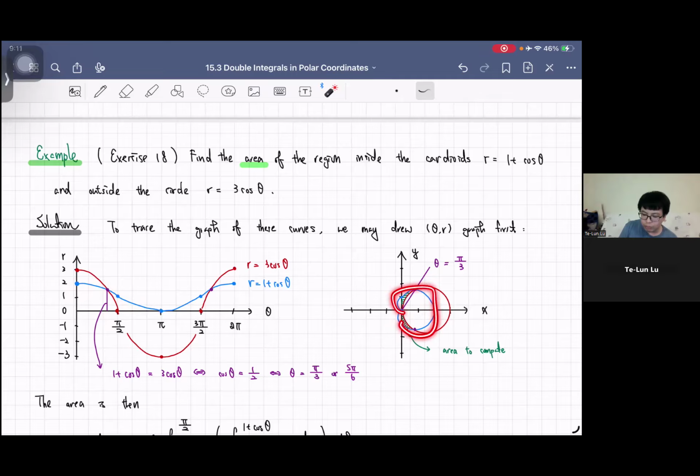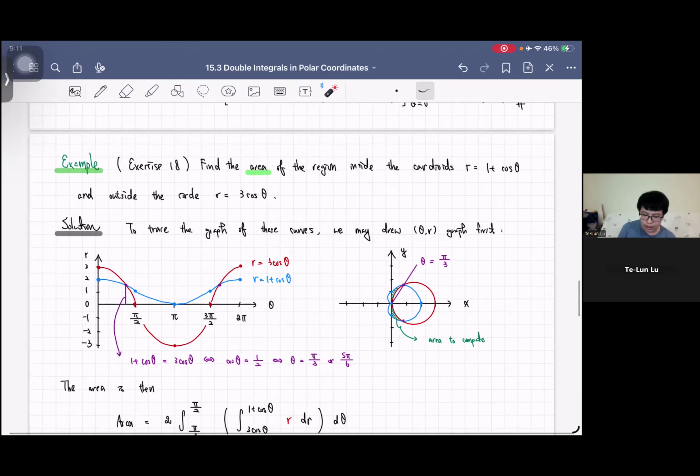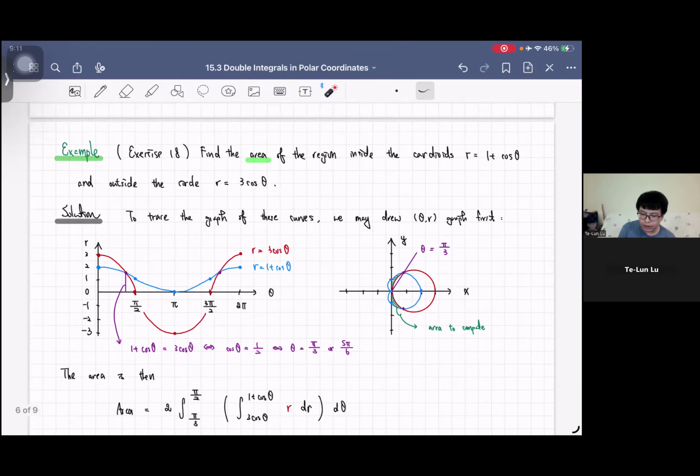So this blue curve will be the cardioid of interest, and the red curve is the circle of interest. Now we want the region inside the cardioid, so inside the blue curve, but outside the red curve. So basically, these two very small regions here. So the only task now is to figure out the angles of intersection, which you can solve very easily. We want to solve 3 cosine theta equals 1 plus cosine theta, right?